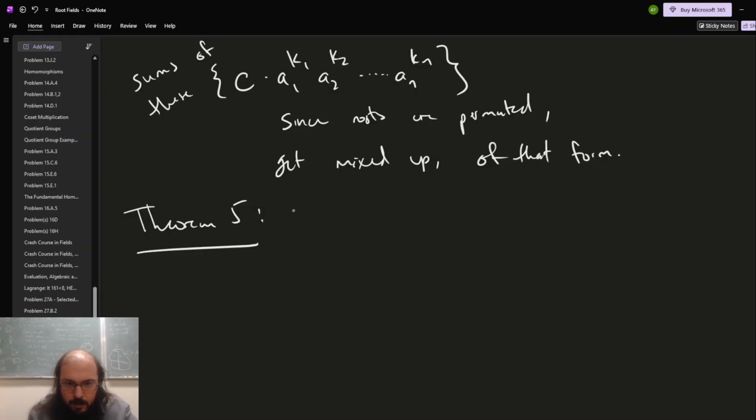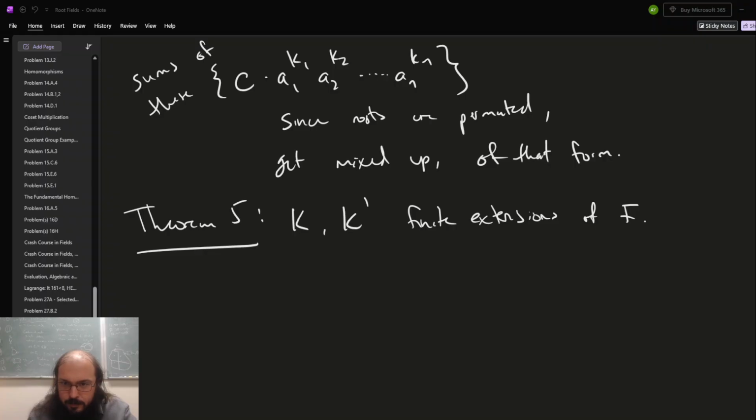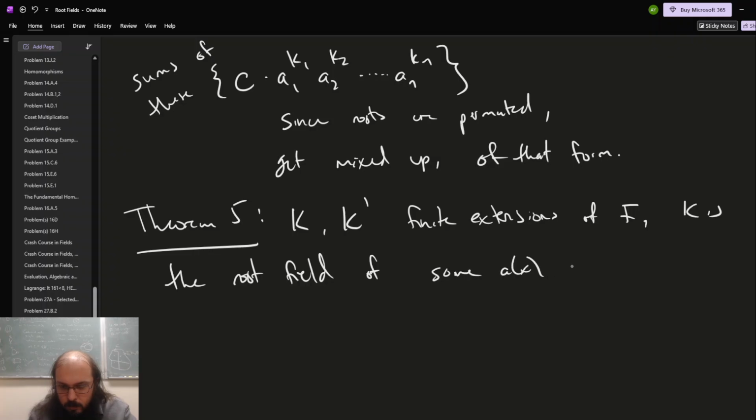So we got K, K prime, finite extensions of F. K is the root field of some polynomial. We could say a(x) in F[x].